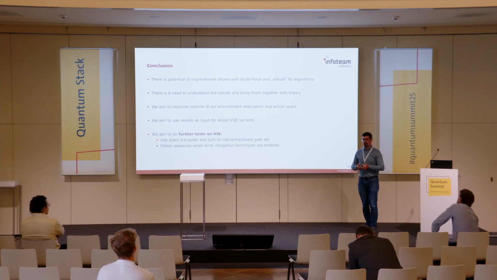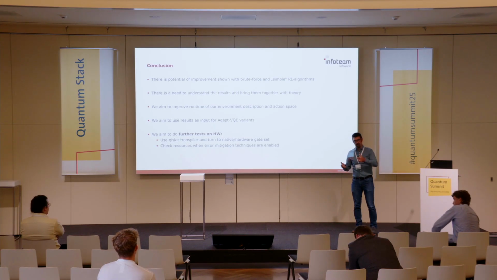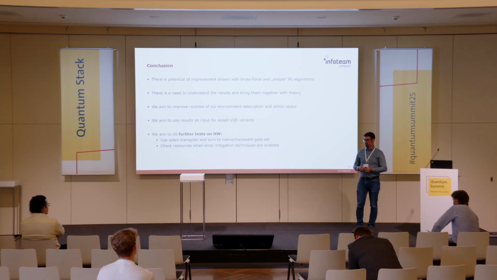But we also have to understand the results now, to dive deeper into what the policy looks like, what real outcome we have, how this behaves if we extend and want to come to the optimal solutions, what the directed way is that our algorithm chooses, and bring this together also with theory.